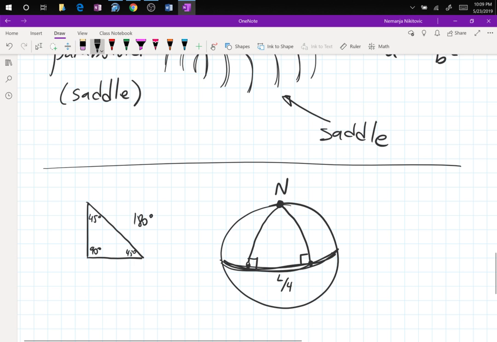So now I already have 90 plus 90, which is 180 in this triangle. Now, if you look from the top, I walked down this way, and then I went a quarter of the Earth's equator, and then I went back to the North Pole. So you see that there is 90 degrees up there as well. So what's the sum of the angles in this triangle?